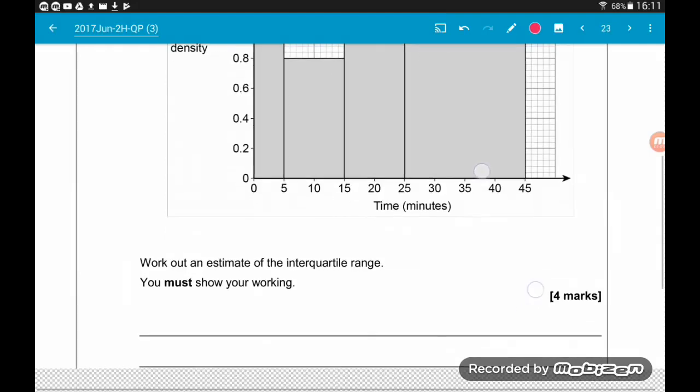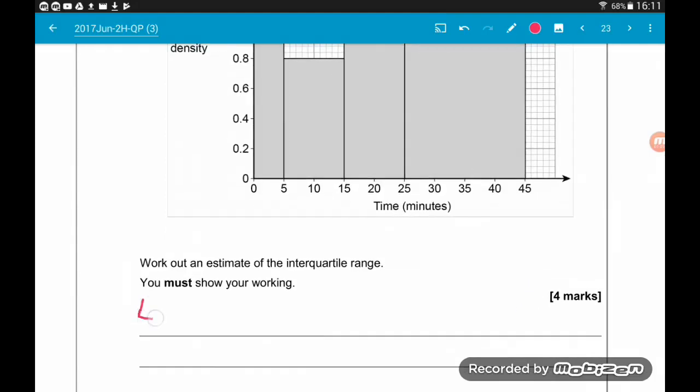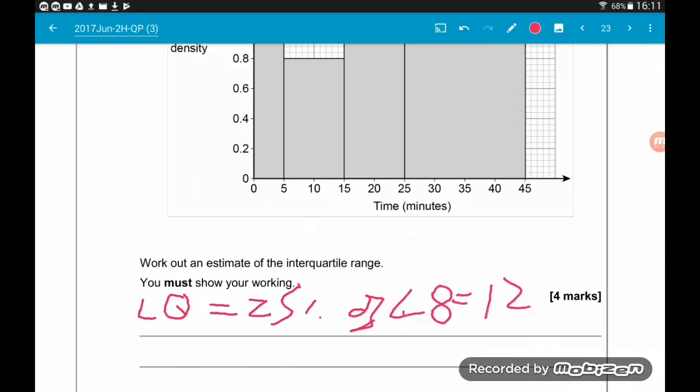To work out the lower quartile, we find 25% of 48, which is 12, and our upper quartile is 75% of 48. So 75% of 48 is 36.